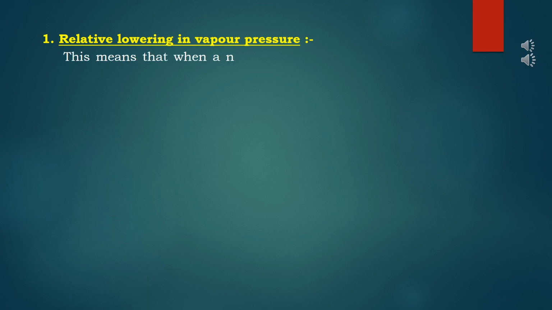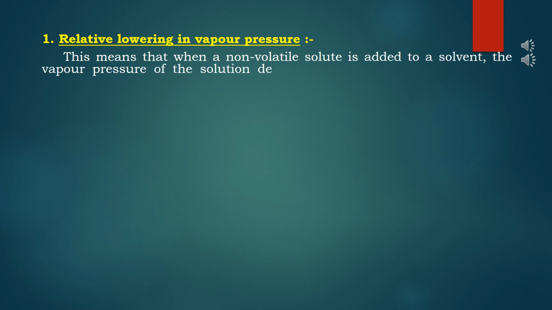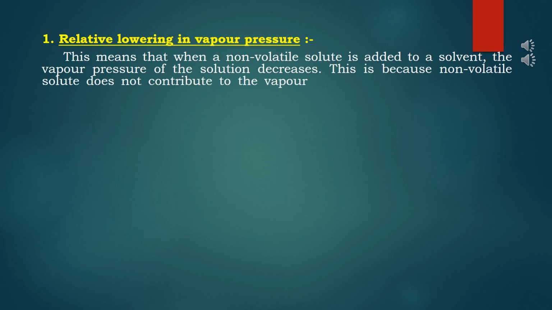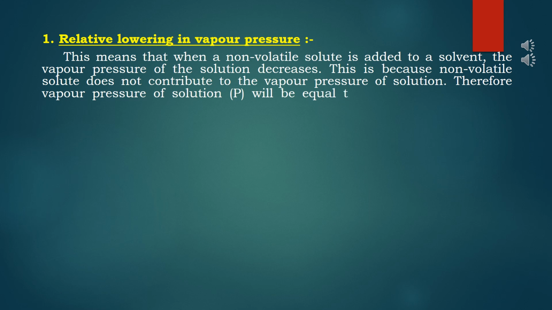So our first colligative property is relative lowering in vapor pressure. As we discussed earlier, when a non-volatile solute is added to a solvent, the vapor pressure of the solution decreases. This is because the non-volatile solute does not contribute to the vapor pressure of the solution, because its molecules cannot go into the vapor state.